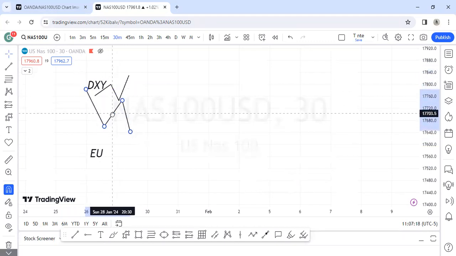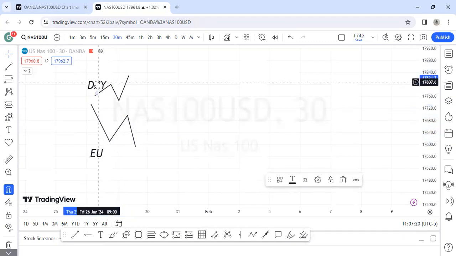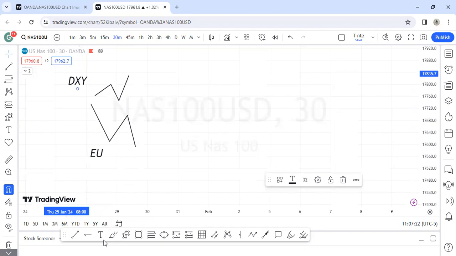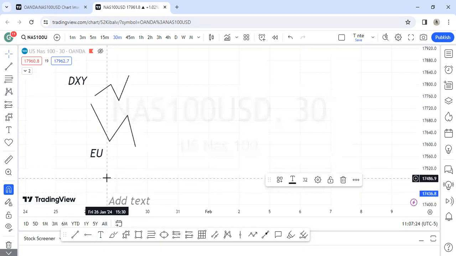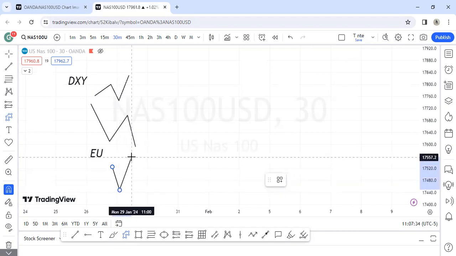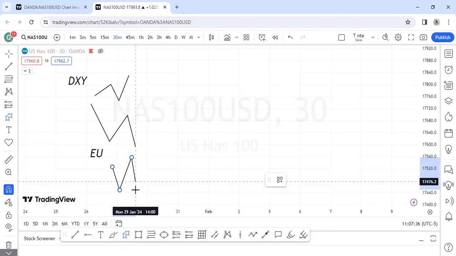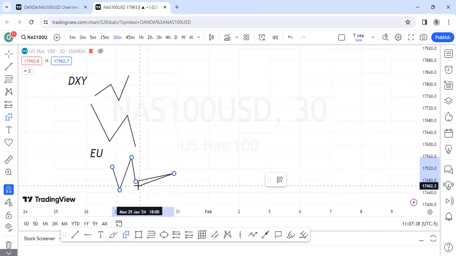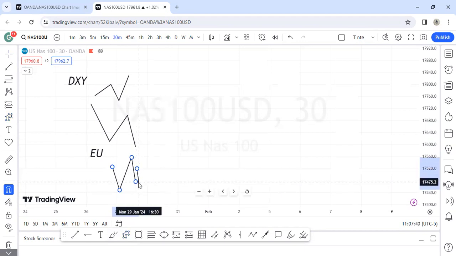Now, you notice that instead of GU also making a low like EU, GU does something like this. What happens there? GU has failed to make a low, right? This is what we refer to as an SMT.